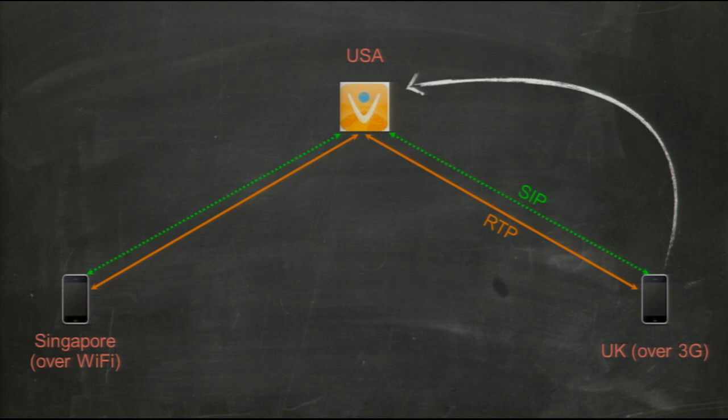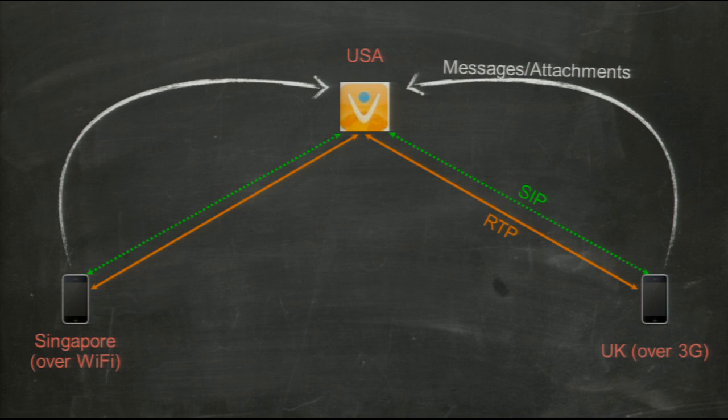And obviously, the same thing for messages. The client will deposit messages into the US. The Singapore client will also deposit messages in the US, as well as attachments. So everything is going from those customers all the way to our centralized data center.